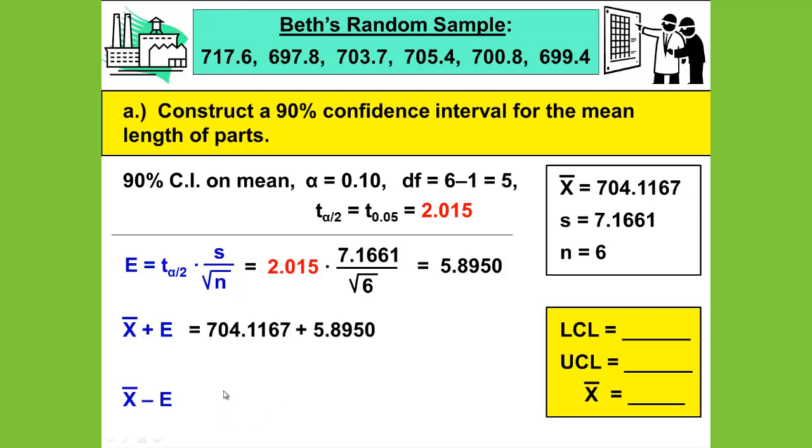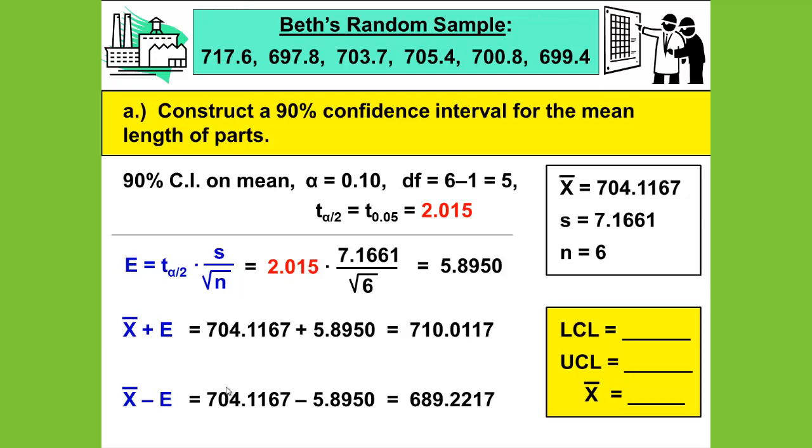That then gives us 704.1167, our sample mean, plus the error of 5.8950, and 704.1167 minus our error of 5.8950, to give us an upper confidence limit of 710.0117 and a lower confidence limit of 698.2217.